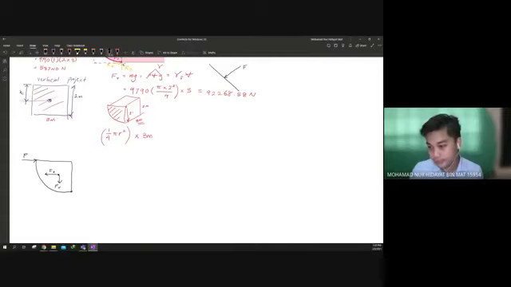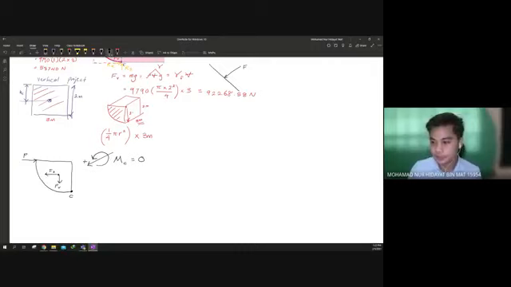Okay, and then this is point C. All right, so how to get the summation of moment? So just apply summation of moment, counterclockwise positive, at point C equal to 0.